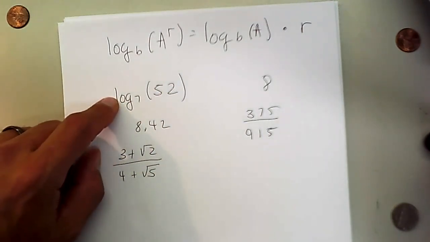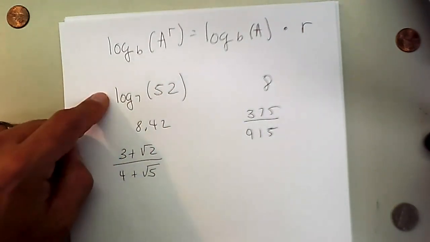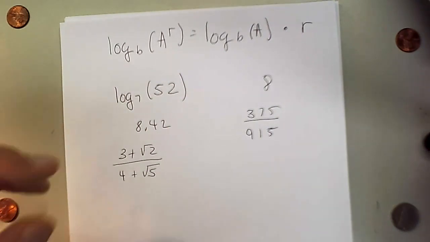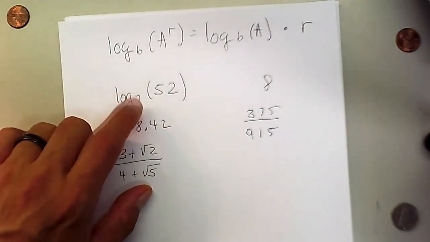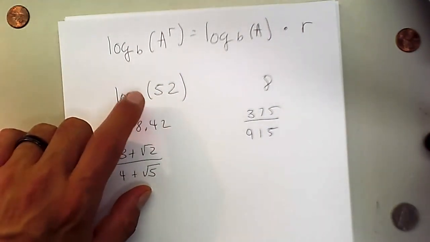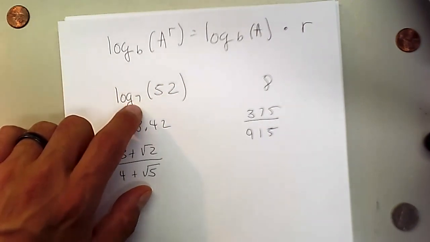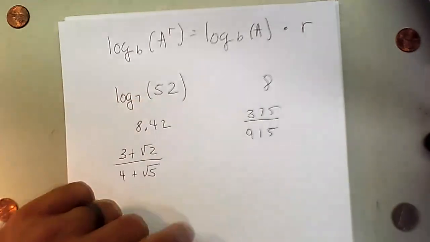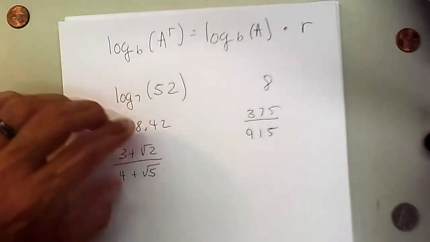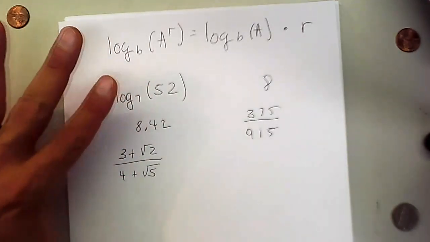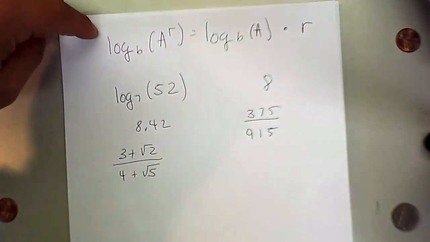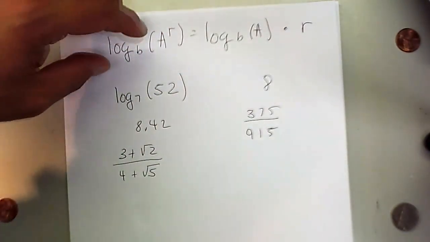Same thing with that. You can plug it into your calculator, although you have to use the change of base formula because calculators usually have logarithms in base 10 and in base e, they don't have logarithm in base 2. Nonetheless, it is just a number. So please don't be afraid of those weird expressions. They're just numbers.